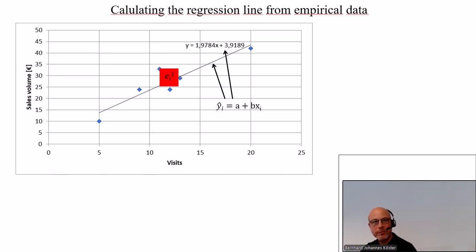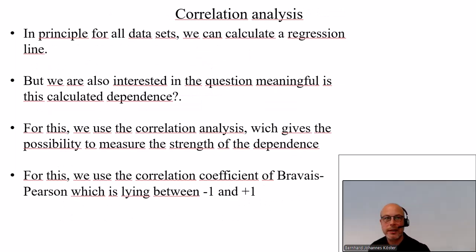Because you can do this for every data set, and you don't get the information whether it is good. This is done in the so-called correlation analysis. The R squared, maybe you have already heard of it, the coefficient of determination. We will calculate this next week for this little example, and then I go through a time series analysis as a whole for you.